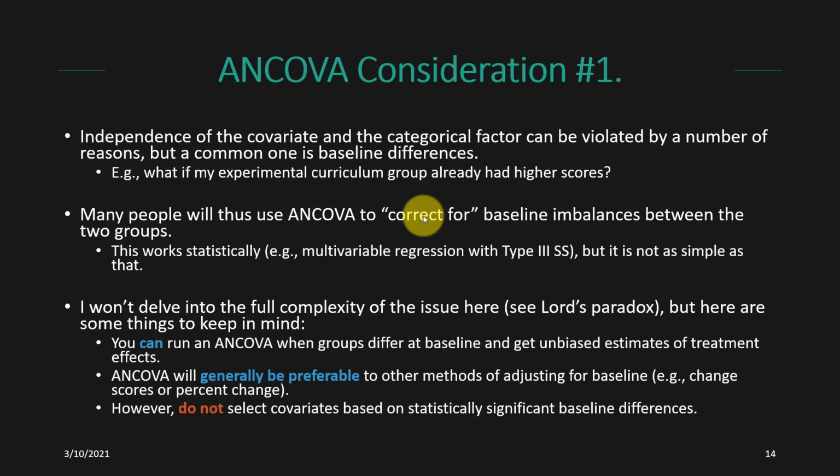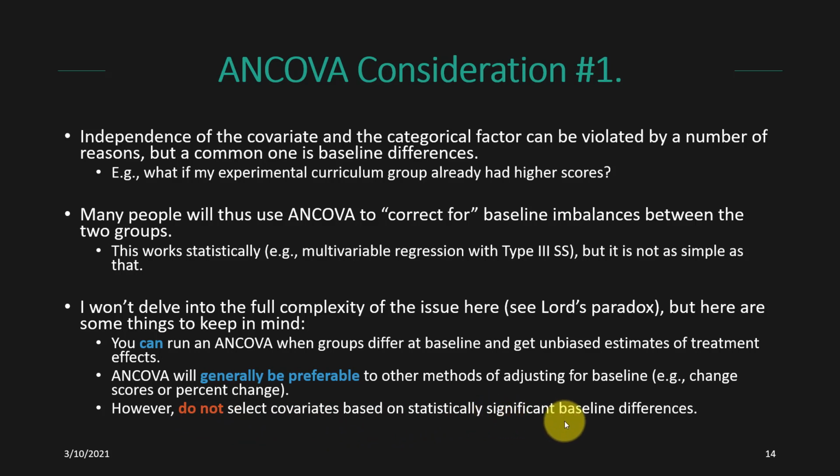Sometimes people say you should calculate change scores or a proportion or percent change score instead of doing this analysis of covariance. And that's almost never better, and in some situations worse than the ANCOVA for a lot of the inferences you might want to make. So in general, if you do have these differences at baseline, ANCOVA is a useful way of controlling for that. However, I think it's important to point out that you do not want to select covariates based on statistically significant baseline differences.